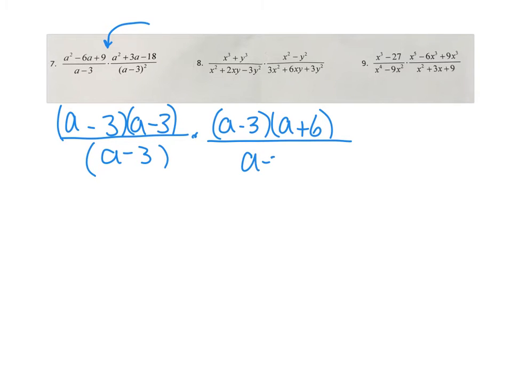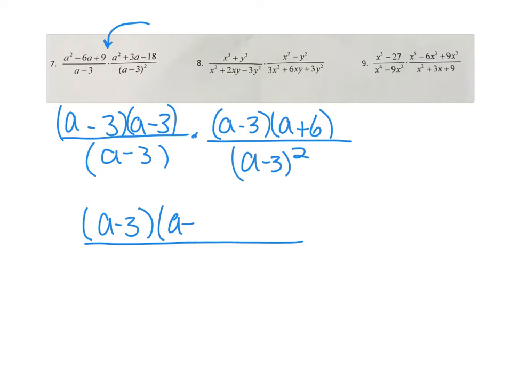This is already factored, a minus 3, that quantity squared. So here we go. What we can do is go ahead and write this as one big fraction when you're multiplying. So this is a minus 3, this is a minus 3, and then we're going to pull this down right here, and we get a minus 3 and a plus 6.